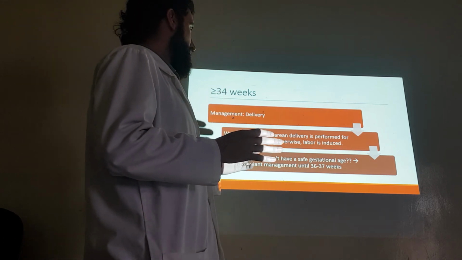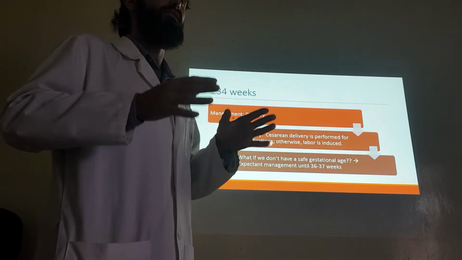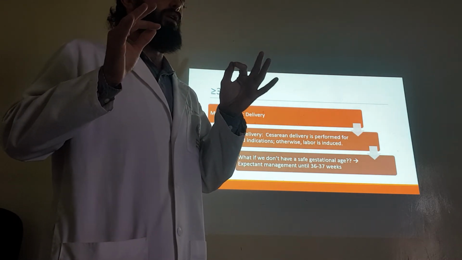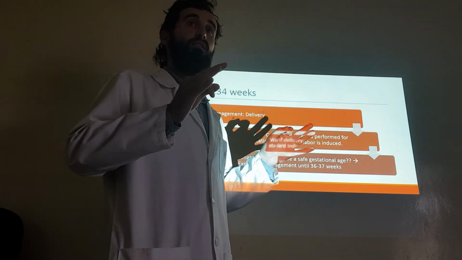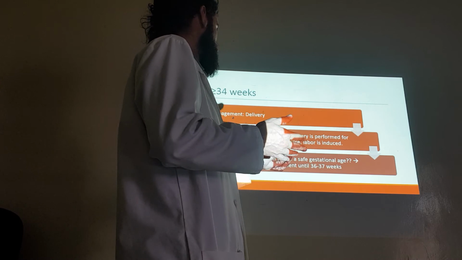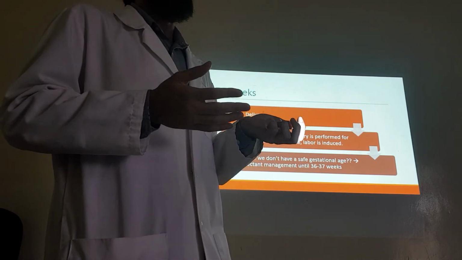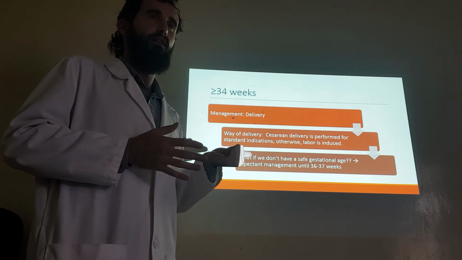The way of delivery, which is the most common way of delivery here? Spontaneous vaginal delivery. The cesarean, we just use it in cases of the standard indications, but we need to prefer the vaginal delivery, okay?